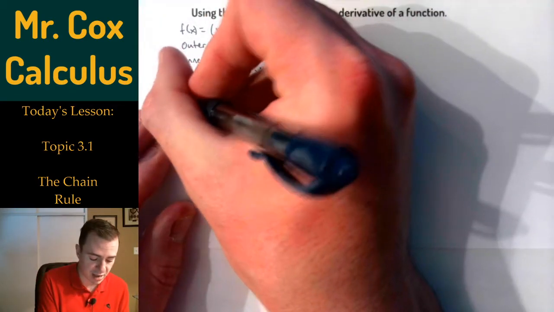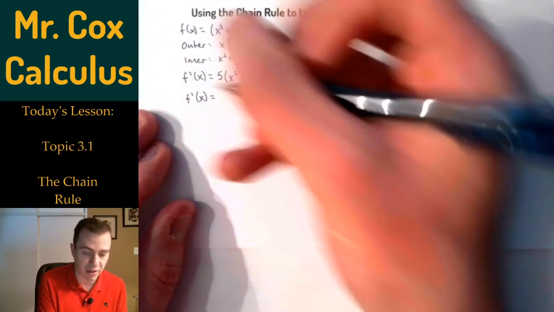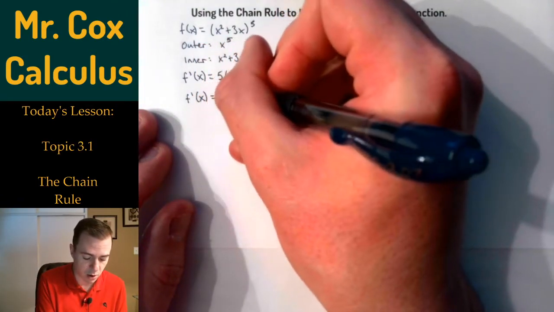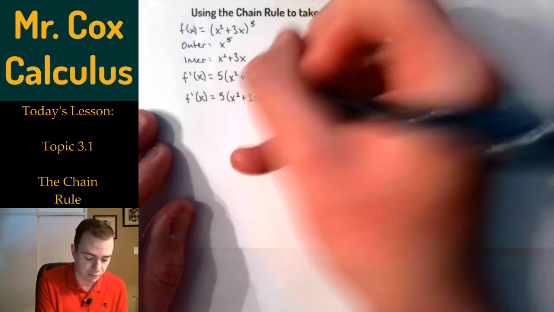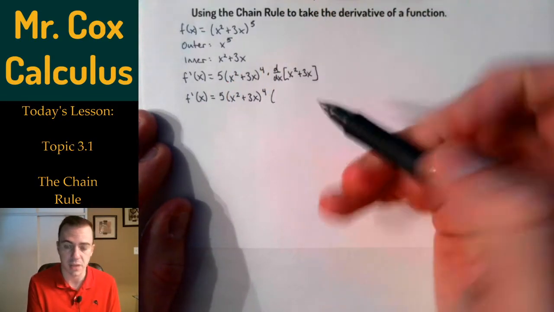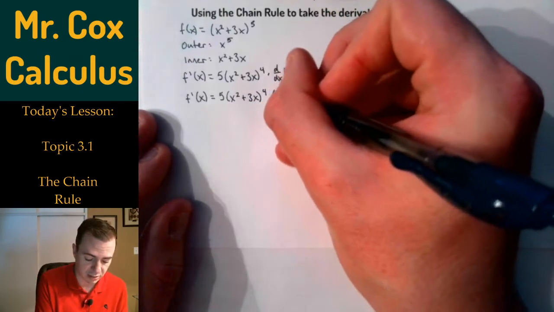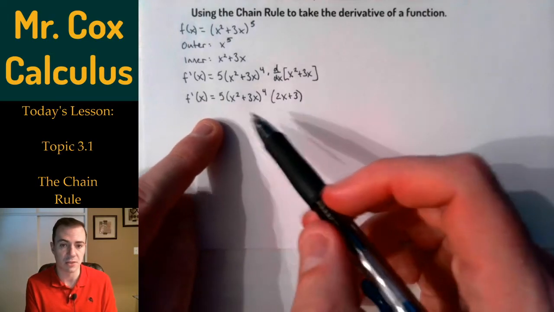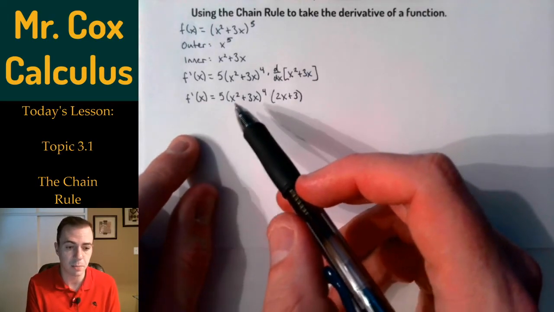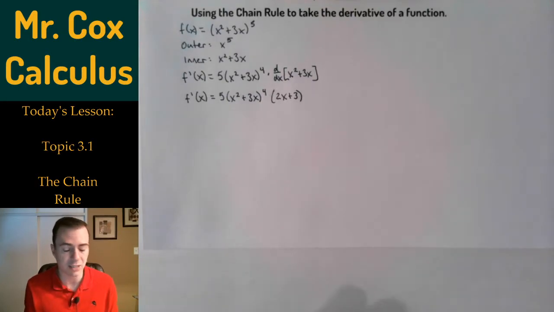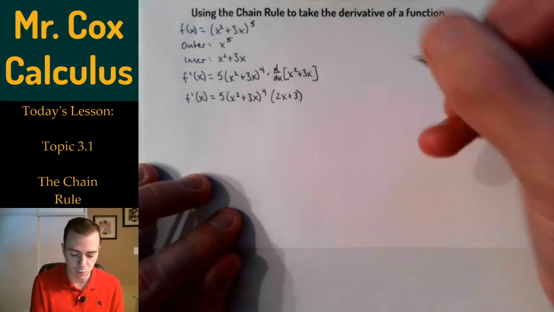So now if I take that derivative, I get f prime of x equals, leaving this, 5 times (x squared plus 3x) raised to the fourth times the derivative of x squared plus 3x, which is just going to be 2x plus 3. And that's the derivative of f right there. There's really not a lot more I could do to simplify it. And so that's going to be my f prime of x. And that's the process that really happens here with the chain rule.